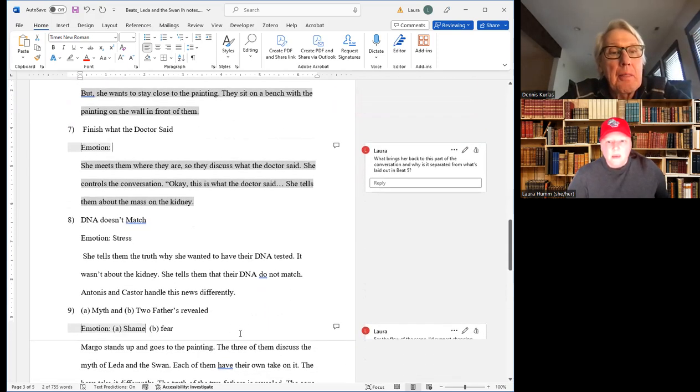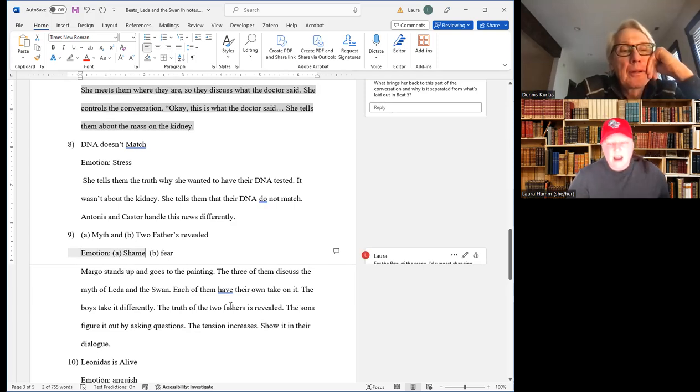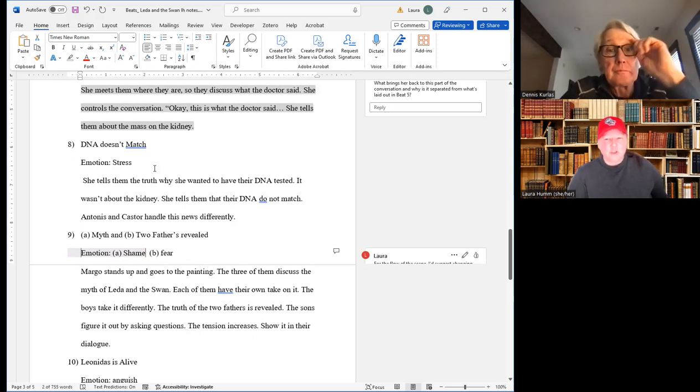So then you get into 8 and 9, which are really the heart of the scene. This idea that she's telling them the truth about the DNA test, and it wasn't just about the kidney, and your DNA doesn't match. This is creating that first moment of true stress, right?